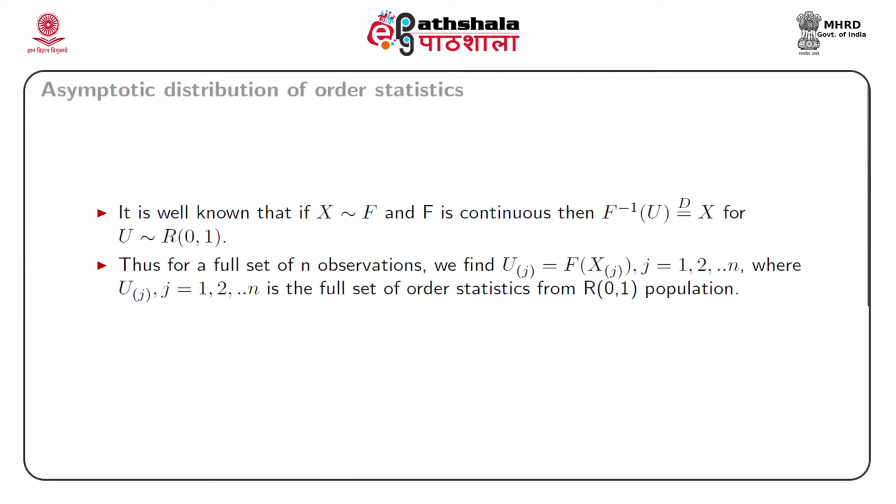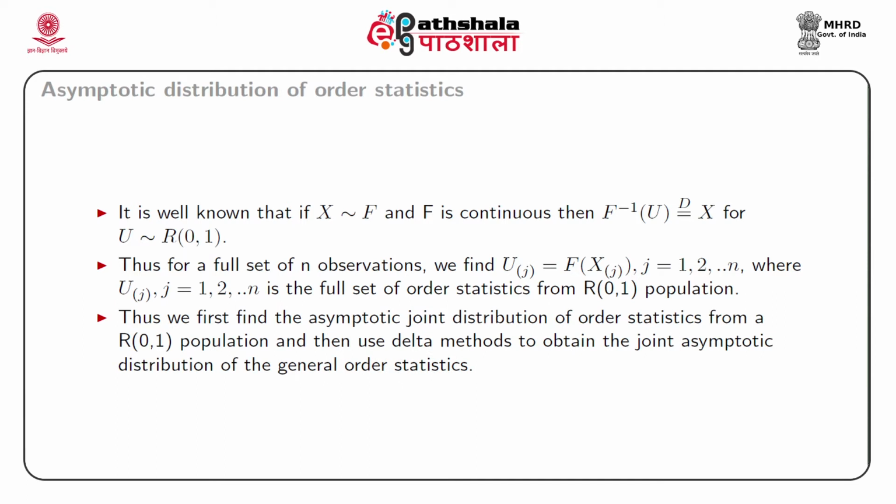Thus, for a full set of n observations, we find U ordered j, that is the jth order statistic for U observations, as F of X ordered j, where U_j is as defined earlier.